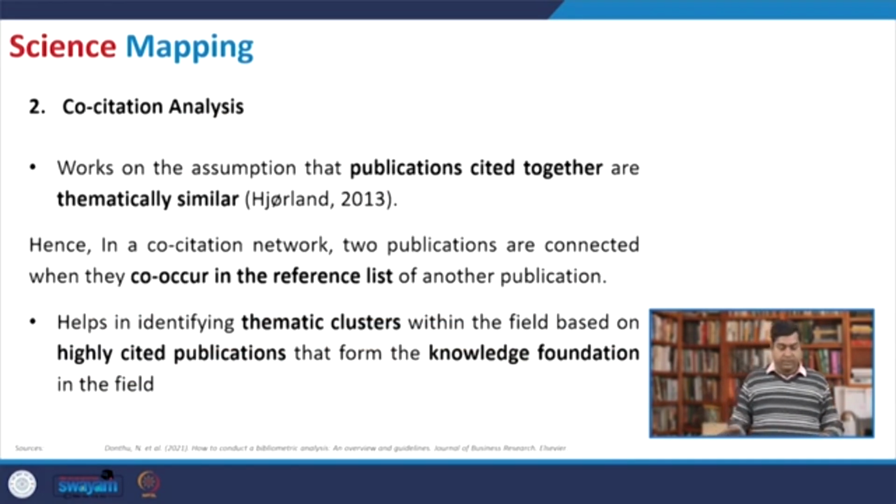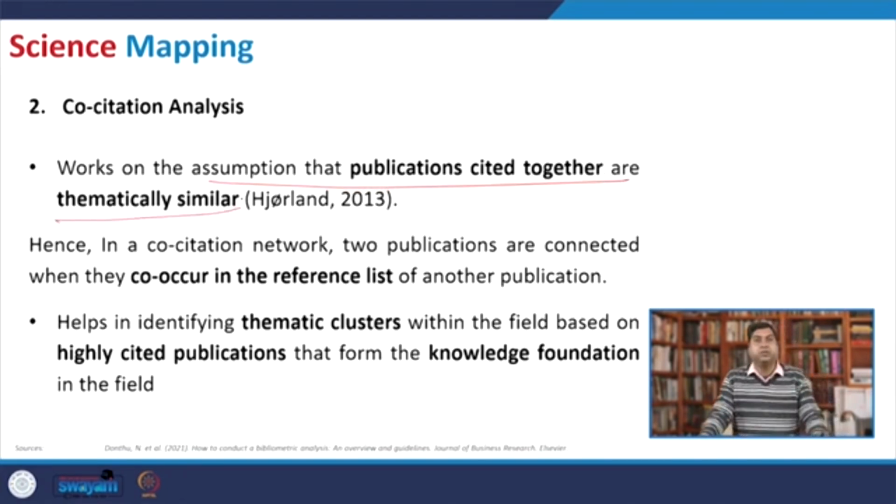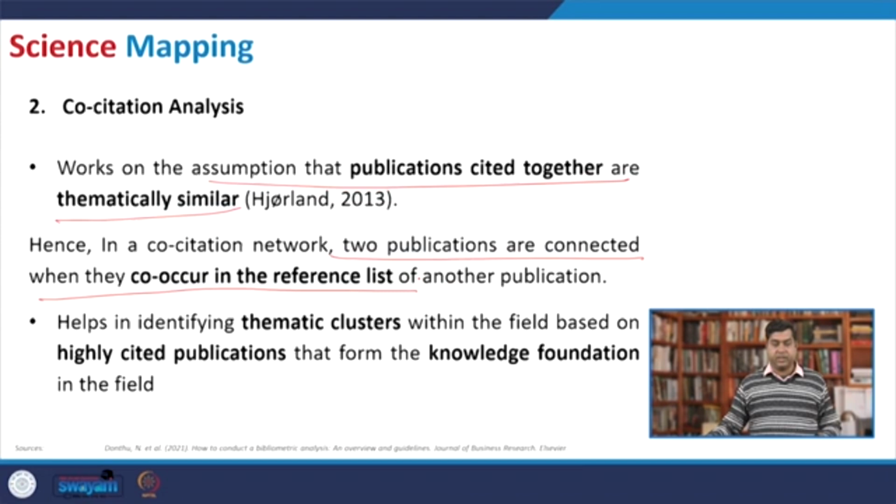Co-citation analysis works on the assumption that publications cited together are thematically similar. Two publications are connected when they co-occur in a reference list. If two papers look at similar references, they are also talking about a similar approach.